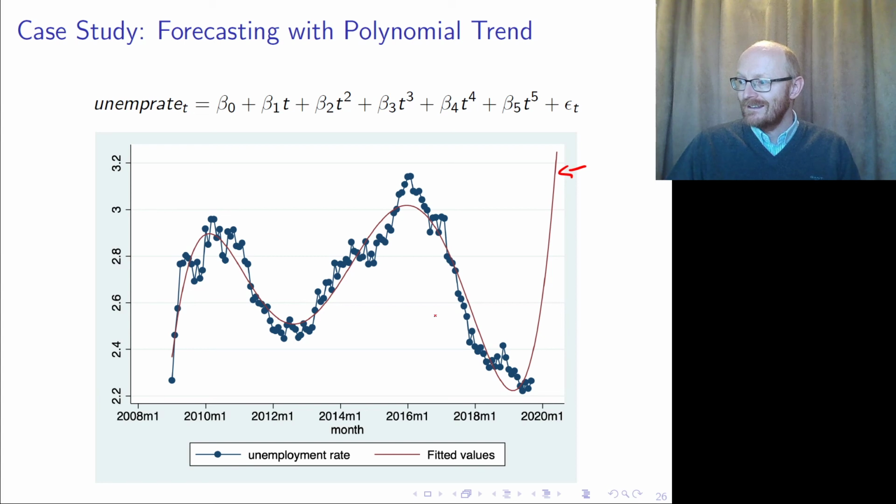What's the rationale behind this? It's probably a result of overfitting. And if you had used time to the power of 6, then maybe you would have gotten this really steep drop as a forecast.